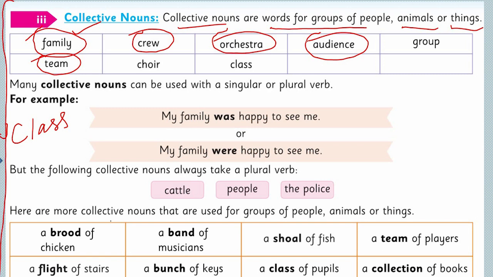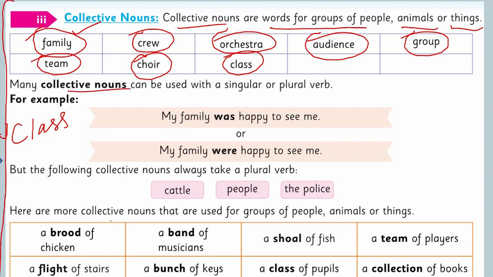If lots of people come together and watch a drama or any movie at the cinema, or any show, it is called an audience, and a group of people will be called a group. A choir means when a group of people come together and sing a song together. And the class, yes, we have discussed this, a group of students.